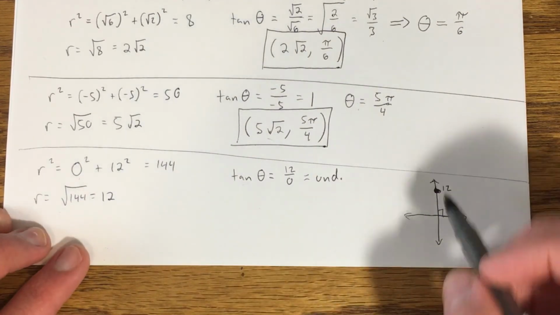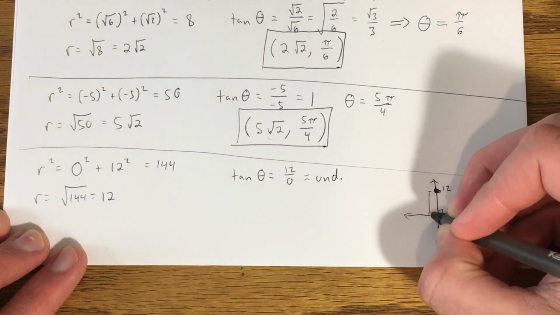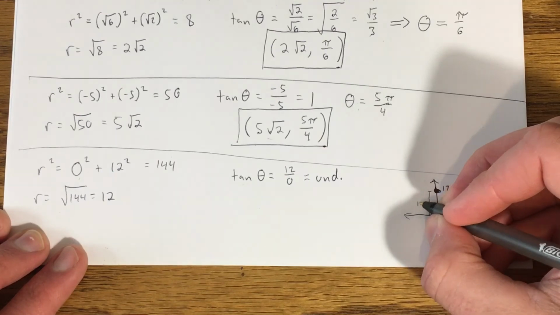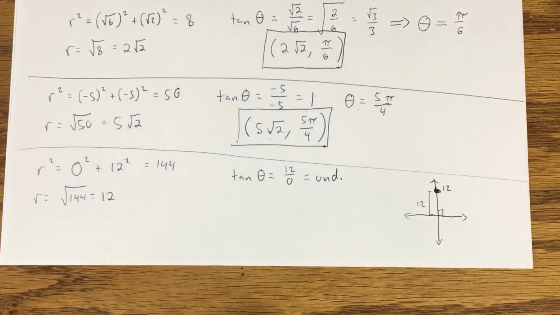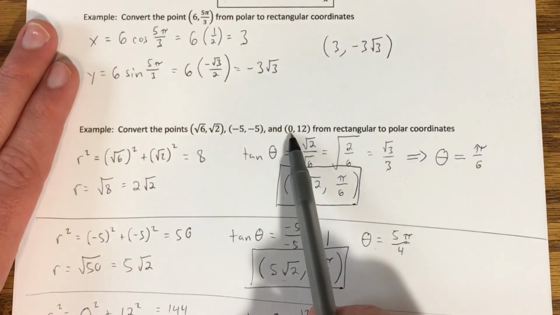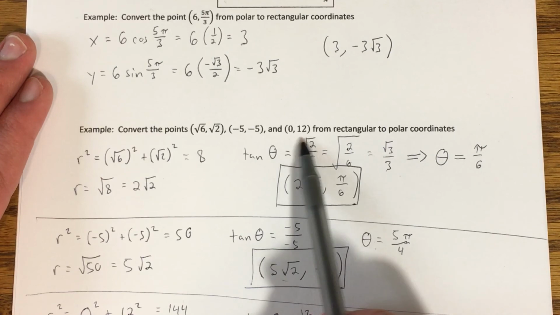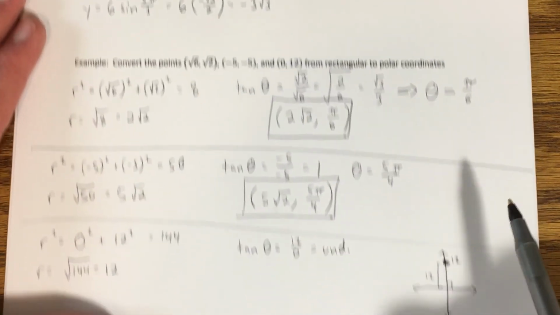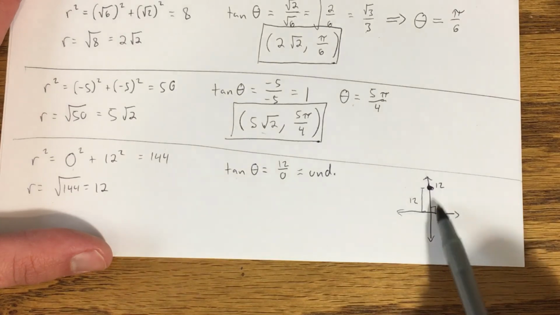Similarly, I can see right away that the distance between that point and the origin is 12, which is what r represents. When one of your rectangular coordinates is 0, like in this case, that means that this point lies on either your x or y axis, depending on which coordinate was 0. When the point lies on the axis, this is just a straight vertical or horizontal line.